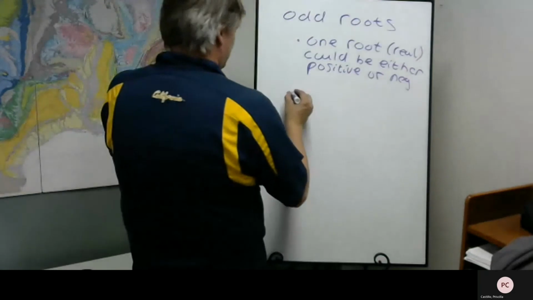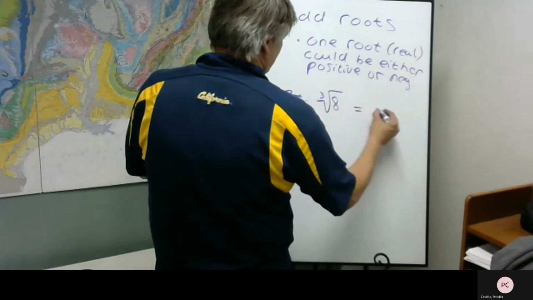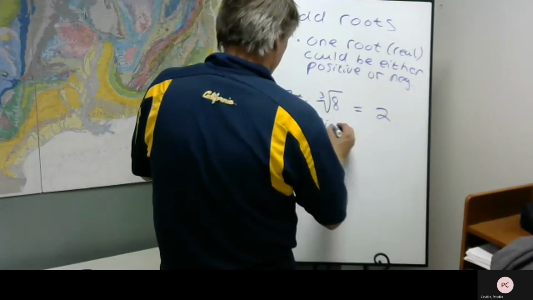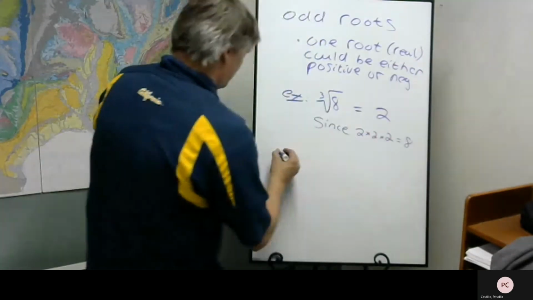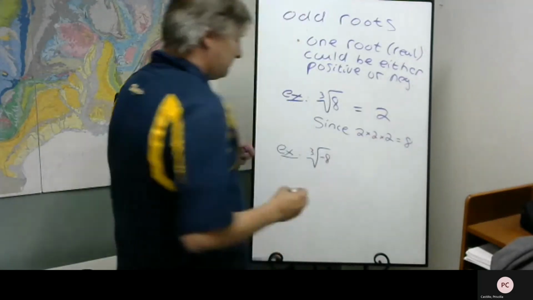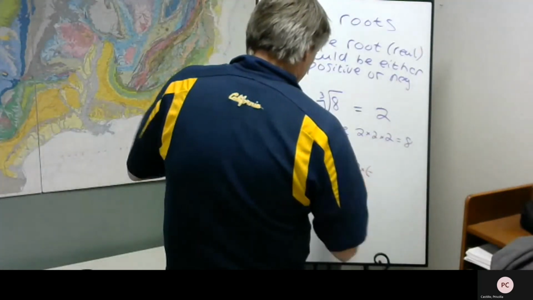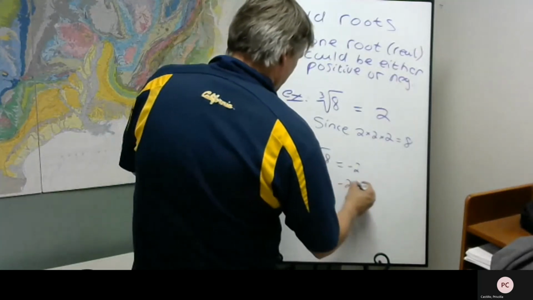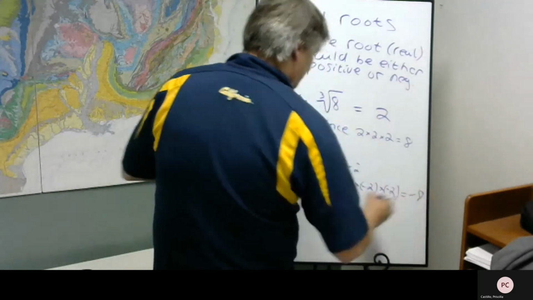So when we talk about the cube root of 8 being 2, it's just cube root of 8. And if you take the cube root of negative 8, it's a different number, but it'll be negative 2. Negative 2 times negative 2 times negative 2 is negative 8.